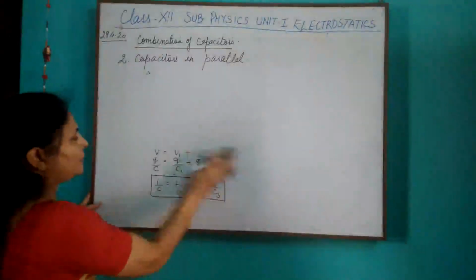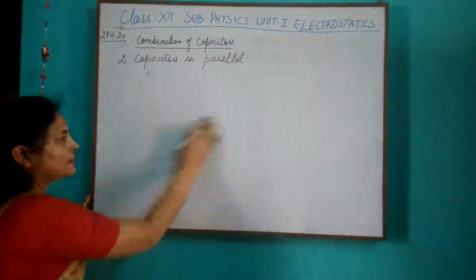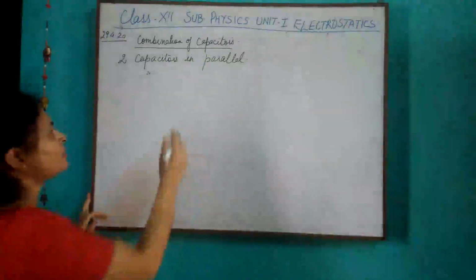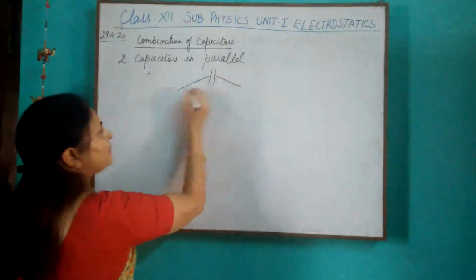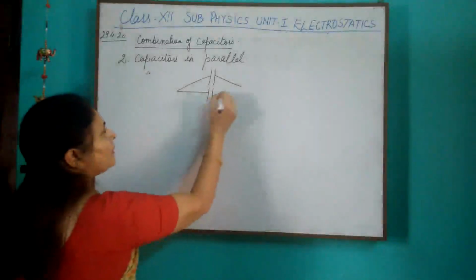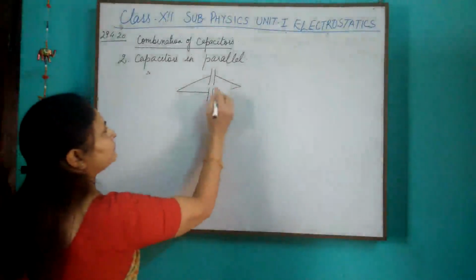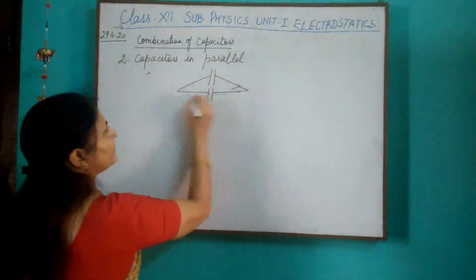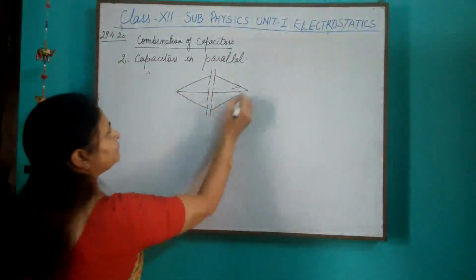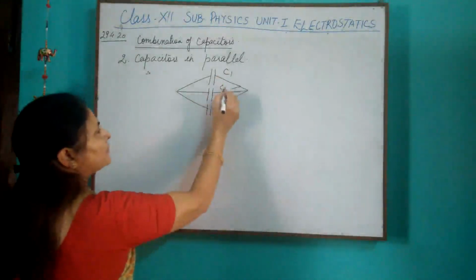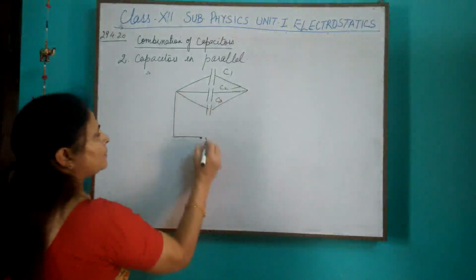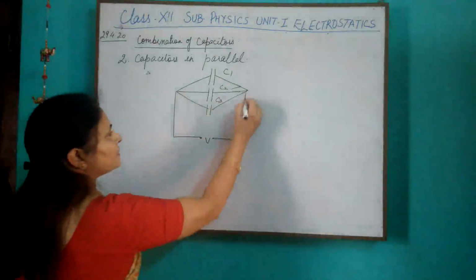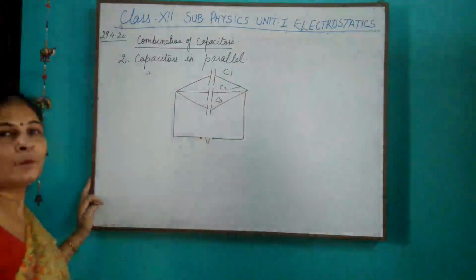So let now 3 capacitors, say C1, C2 and C3 are connected in parallel. C1, C2, C3, they are connected across a potential difference, say V.